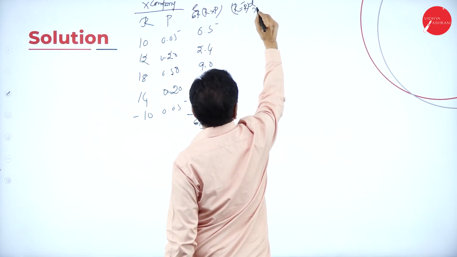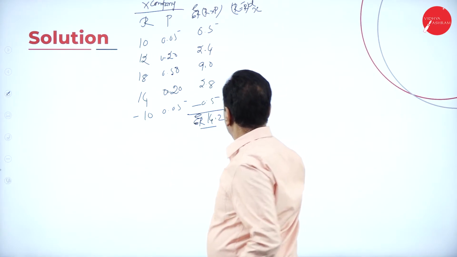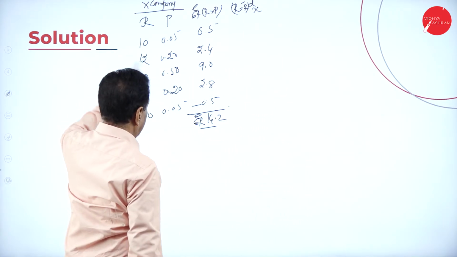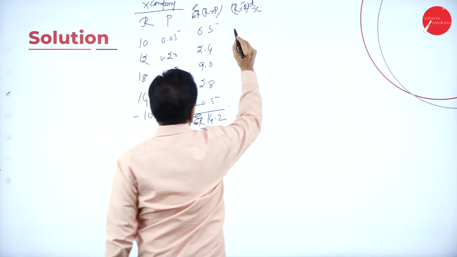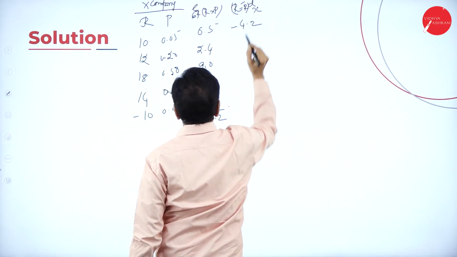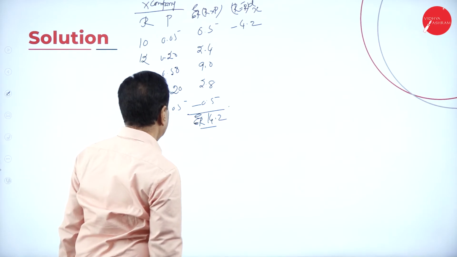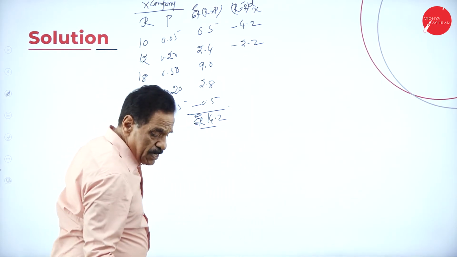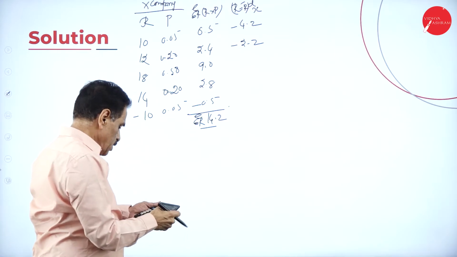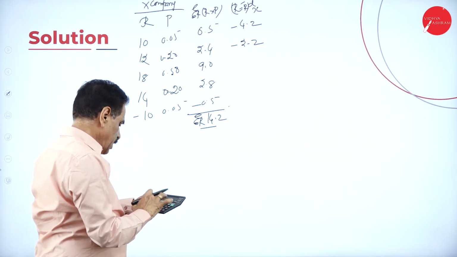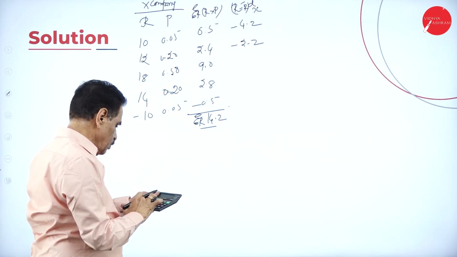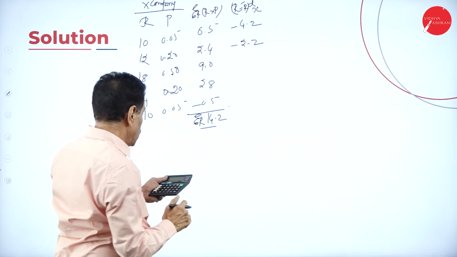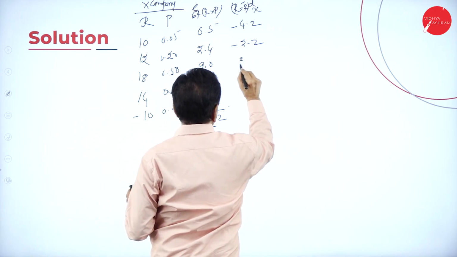Then R minus R mean, this is your dx. Then take the deviation. 10 minus 14.2 is minus 4.2. 12 minus 14.2 is minus 2.2. 18 minus 14.2 is 3.8.